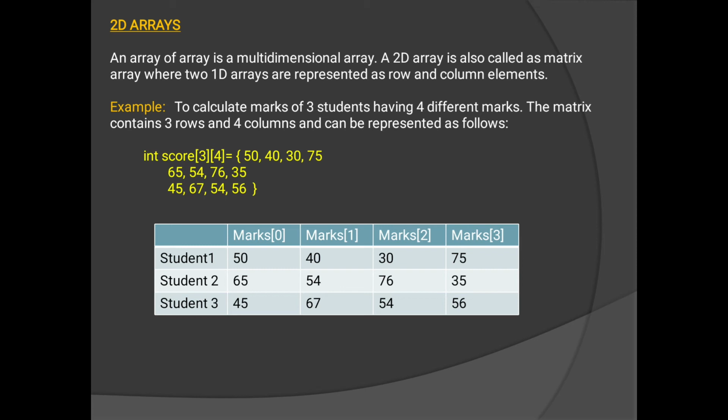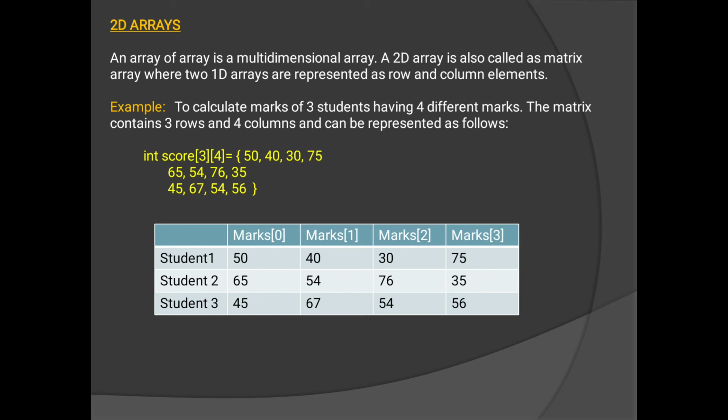You can see that each student has their own row. Student 1's row contains the marks of 4 different subjects. Student 2's row contains marks of 4 different subjects, and student 3's row contains marks of 4 different subjects. So column wise it is subject wise, and row wise it contains the marks of the 3 students.